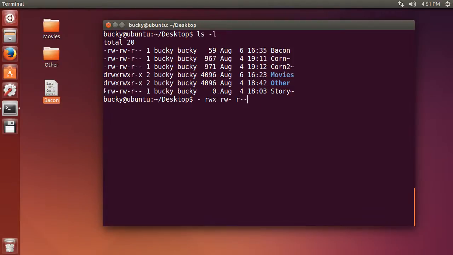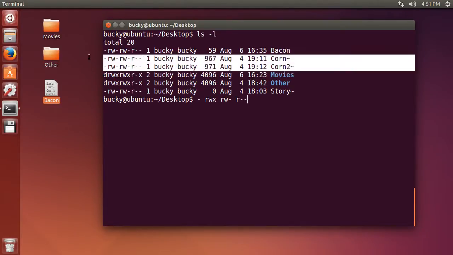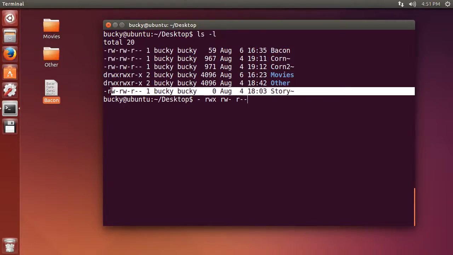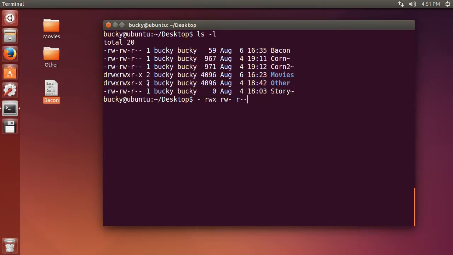If it's a file, it's going to have a minus. If it's a directory, it's going to have a D. So you see that all of these are files, and like bacon right here, that's a file, and all of these are directories: movies and other. So that's why the directories have a D and all the files have minuses. Alright, well that was easy, so let's go on to the next thing.